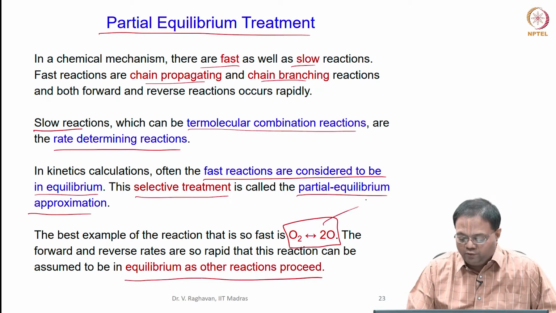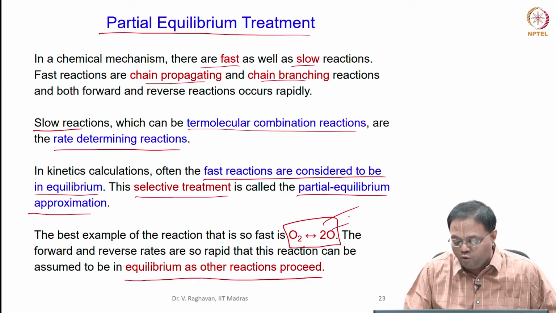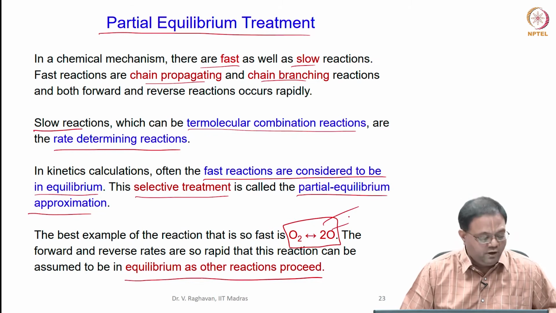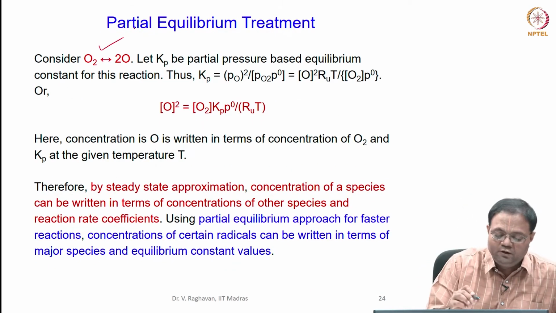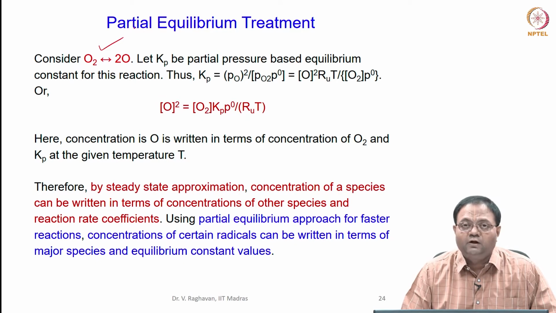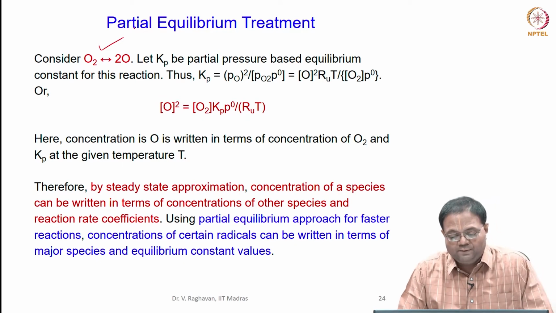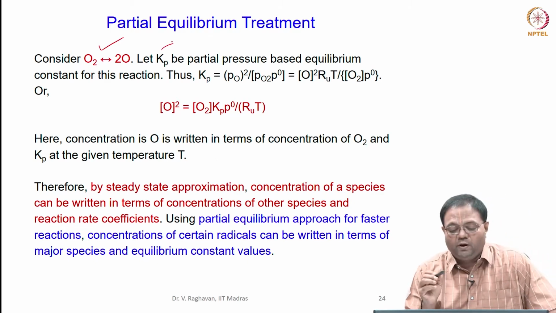So, when you do this equilibrium, I can eliminate O, for example. What I would do here is consider the reaction O2 giving 2O, which is the fastest reaction, to be in equilibrium, and I calculate the equilibrium constant based upon partial pressure.